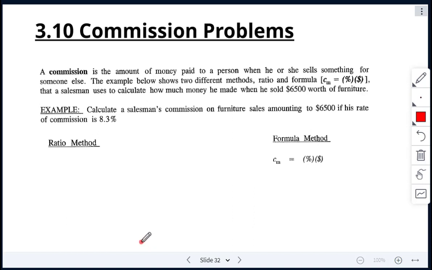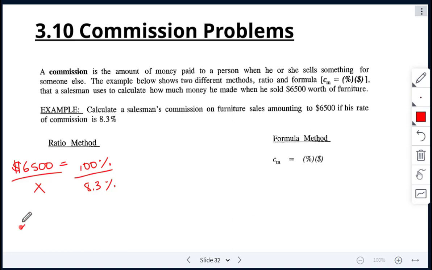All right, so if we were to do the ratio method, $6,500 is equal to the 100%, the total sales. And we need to figure out how much money he makes for 8.3%.